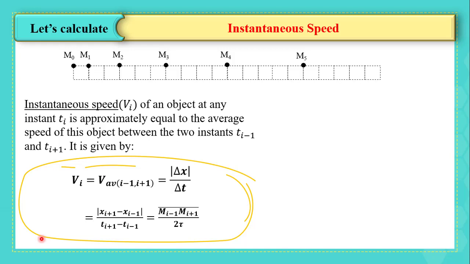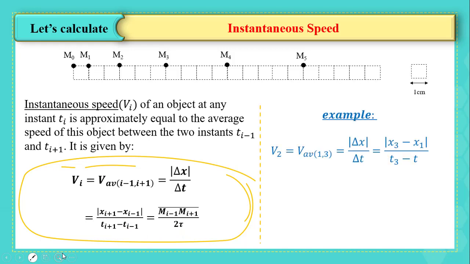This gives us the absolute value of xi plus 1 minus xi minus 1 divided by ti plus 1 minus ti minus 1. Note that this is simply the distance between the positions mi minus 1 and mi plus 1, and this duration of time is always equal to 2 tau.